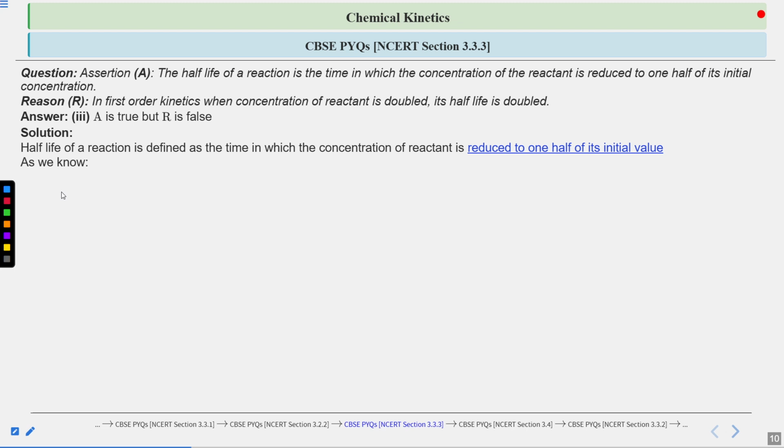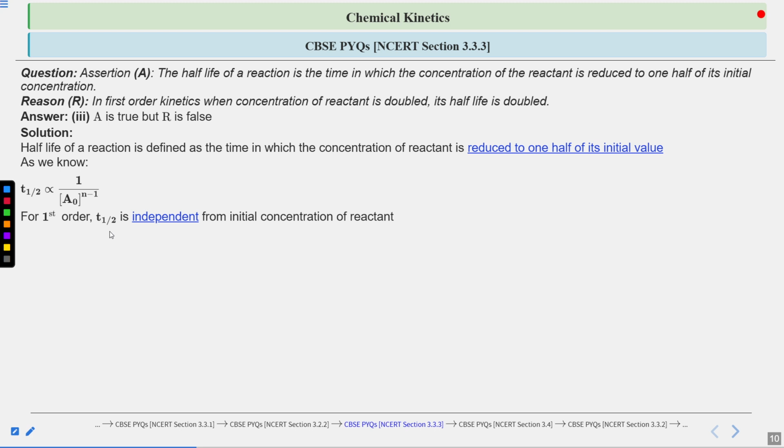So as we know, T half is the representation for the half-life of a reaction. Half-life is inversely proportional to 1 upon A naught to the power n minus 1, where for first order, the T half, that is the half-life, is independent of the initial concentration of the reactant.